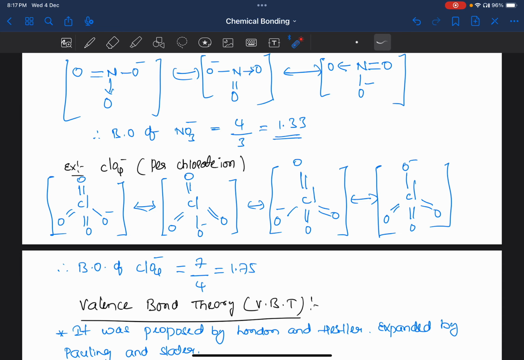Around the chlorine atom, how many bonds are there? 2, 4, 6, 7. Totally 7 bonds, divided by 4 structures. Therefore, its bond order is equal to 1.75.